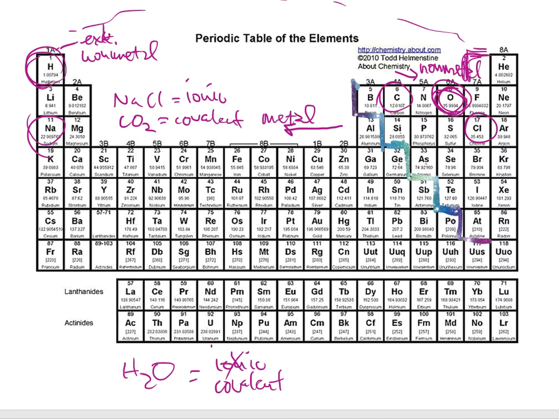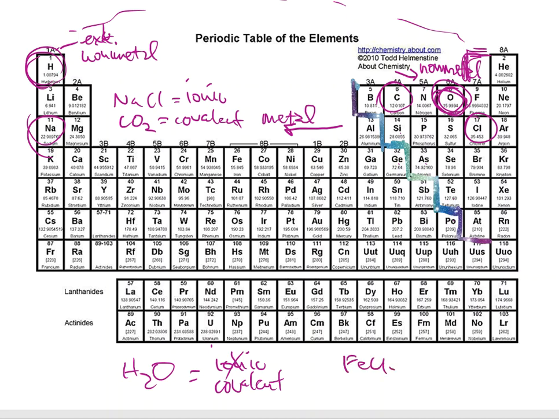Just like helium had a flip-flop a while ago, we always see problems out of these two. And here's another way that that happens. So water is a covalent molecule because hydrogen is regarded as a non-metal, not a metal. So therefore I have all non-metals here, and that gives me a covalent structure.